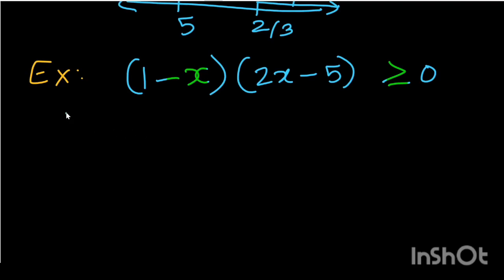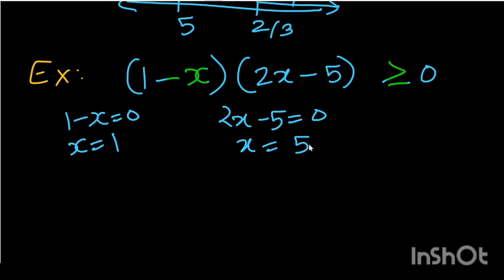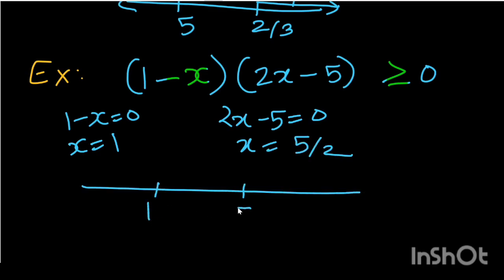Simply, you first get the points at which each of the linear factors vanishes, which is the first step that we always do, followed by plotting them: 1 and 5 by 2, and again plus minus plus.